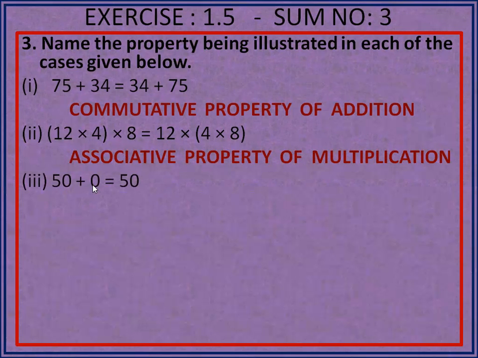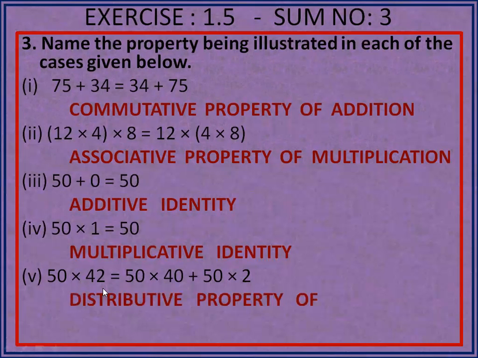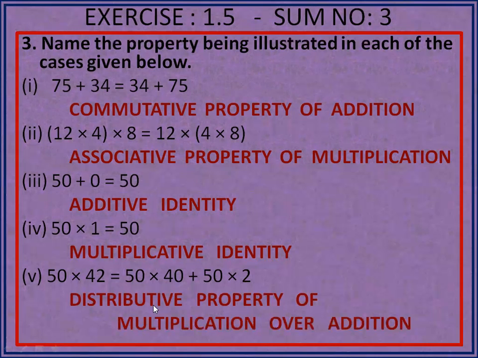Here you have 0 added, which is the additive identity, and multiplied by 1, which is the multiplicative identity. Here you have two operations involved, so it is the distributive property of multiplication over addition. 50 into 42 can be written as 50 into 40 plus 50 into 2.